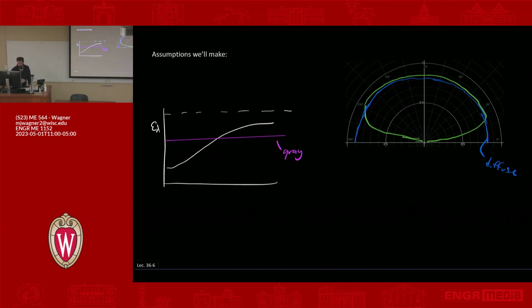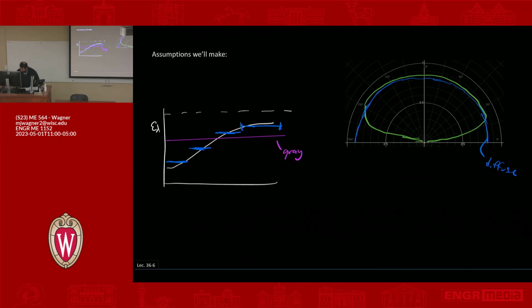The other thing we could do, if we weren't happy with this, say we don't actually know the temperature range quite right, and we know there's some system of equations we're going to solve for temperature, is the semi-gray approach. I take a segment here and represent the emissivity with a segment of a gray spectrum. It might look like this here, then I do it again up here, and then like this, and so on.